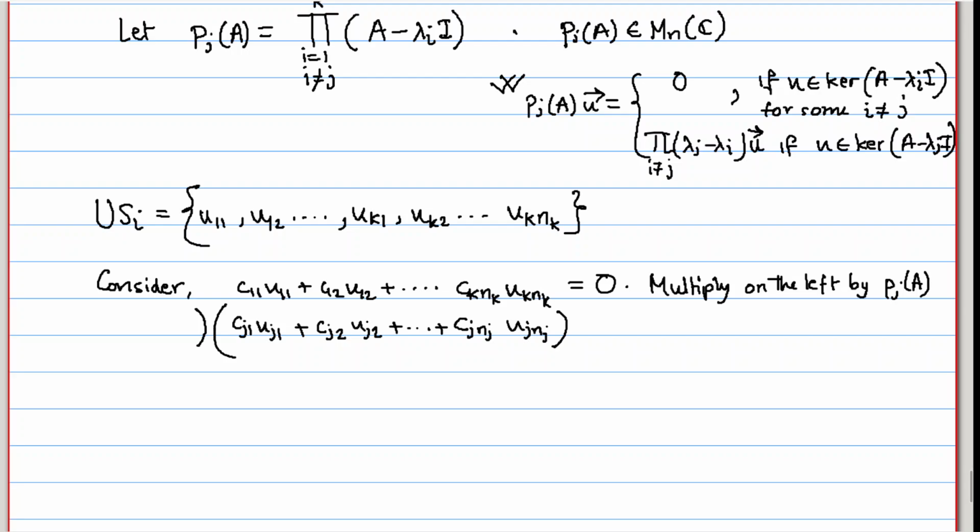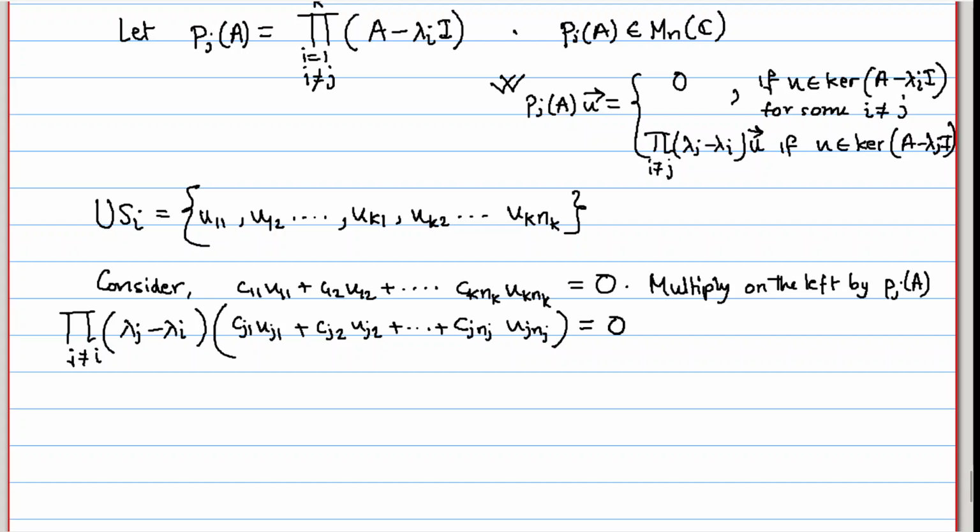Along with that, you will get the product of (lambda_j minus lambda_i) for i not equal to j. So this will be equal to 0.